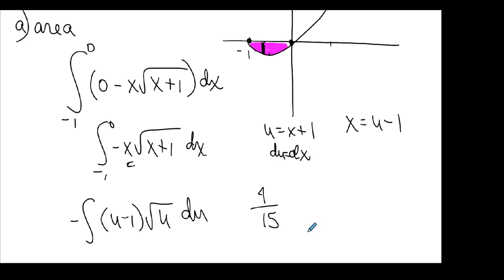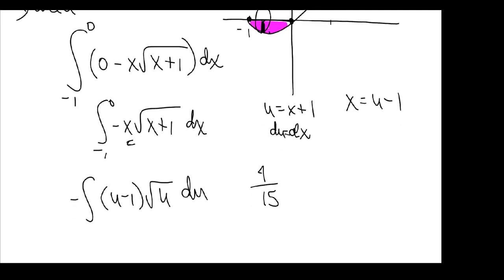In part B, it says take that little region and revolve it around the x-axis. I still love that rectangle. If I revolve it around the x-axis, it gives me a circle, a circular disc. So for the disc method, I need to say pi times radius squared. The radius of that disc is the height of the rectangle, top minus bottom.